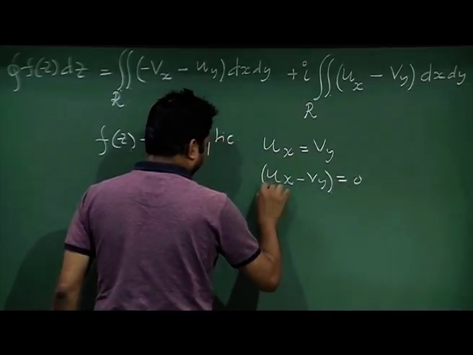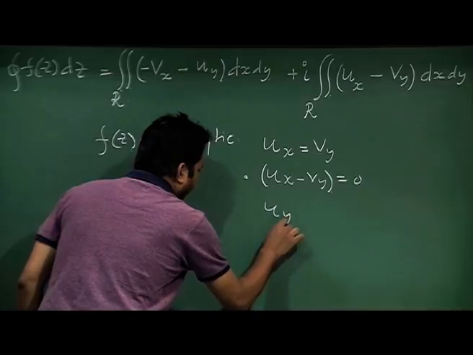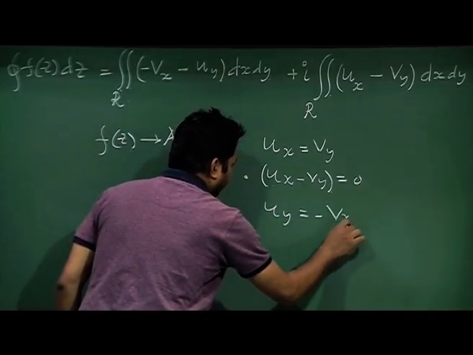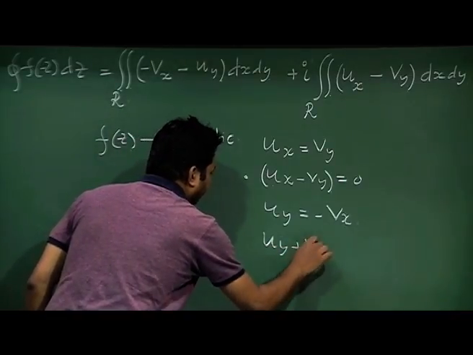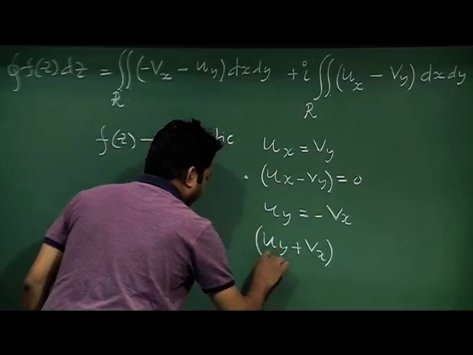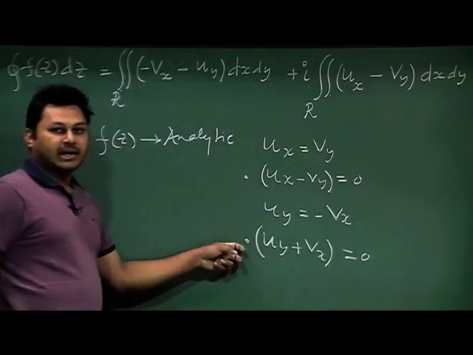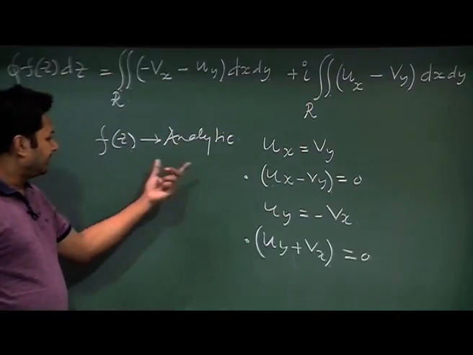This is one expression I have, and u_y is equal to minus of v_x. So u_y plus v_x, this quantity is also 0. This is true only for an analytic function. If this is true, then we can say the function is analytic.